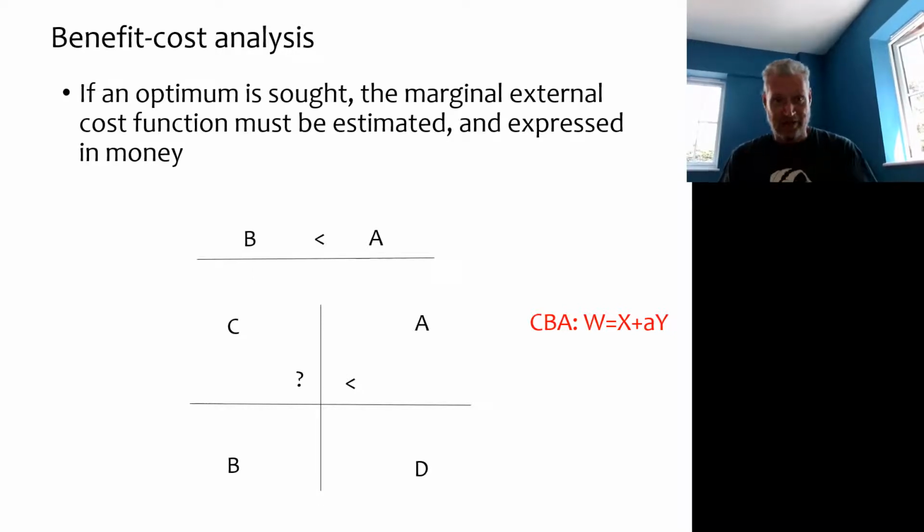So that is what a cost-benefit analysis does. It essentially comes up with a linear approximation of the things that you care about, and then uses the linear relationship to add everything up to a total monetary sum.